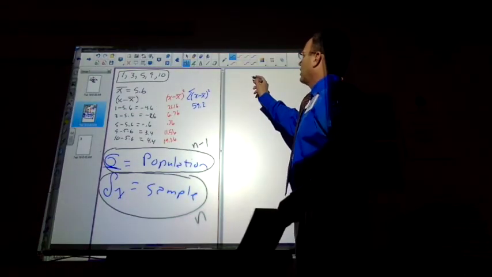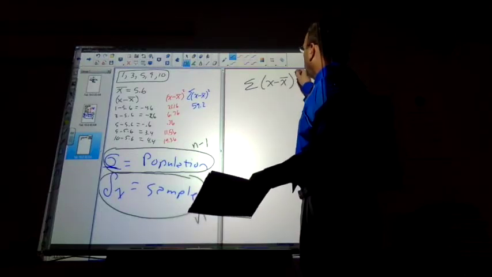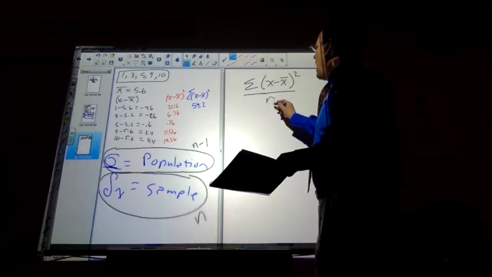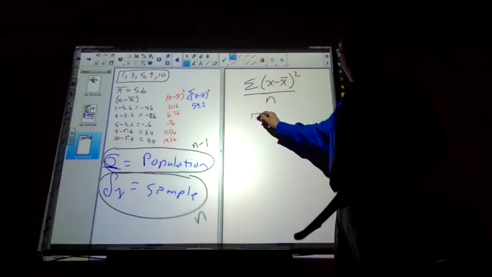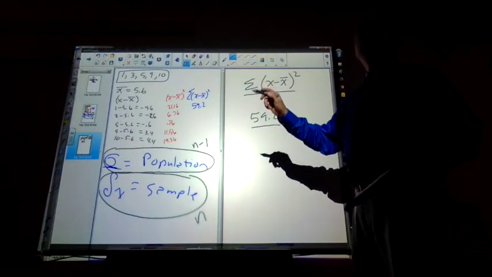So now my next thing is I want to take the summation of x minus x bar quantity squared, and I want to divide whatever that comes out to by n. So that means I'm going to take 59.2 and divide it by 5.